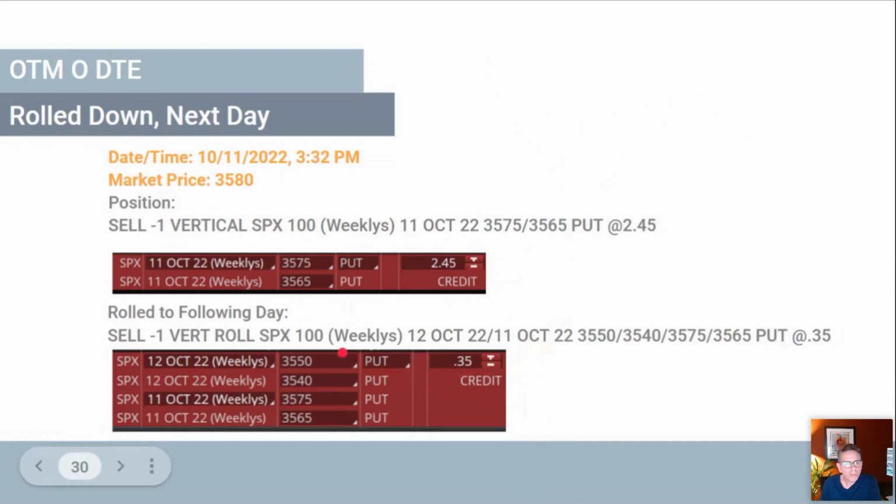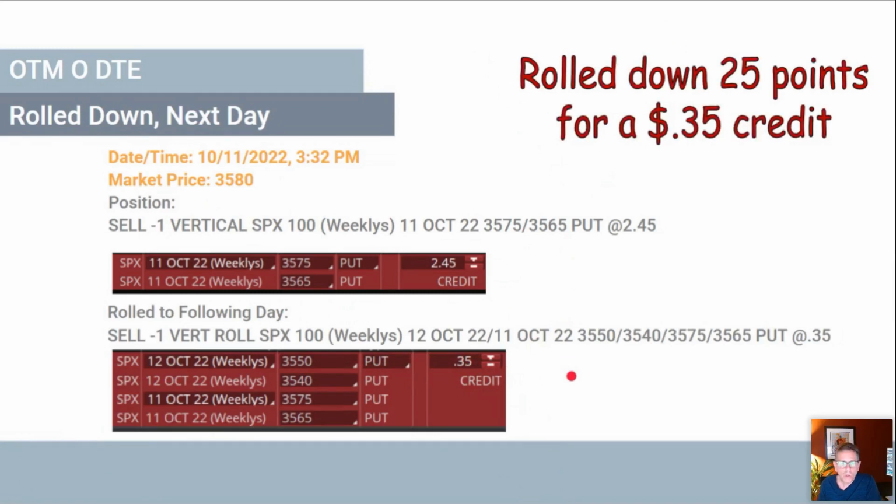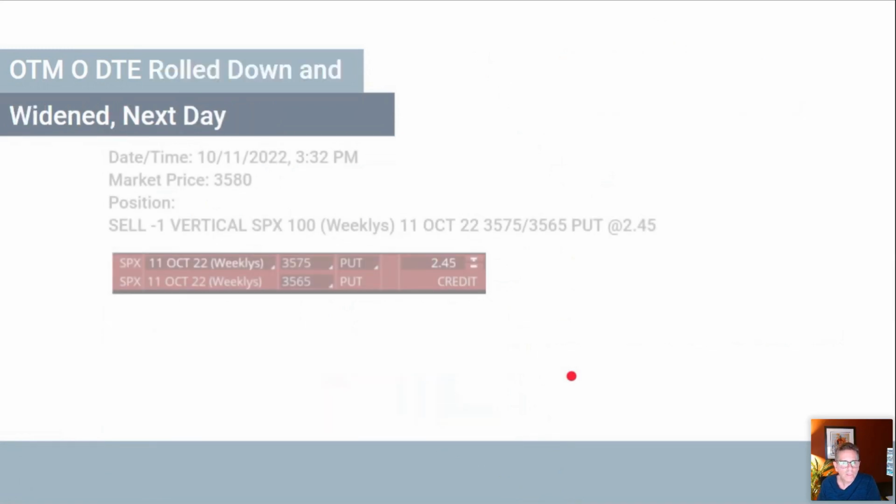But we were able to push the strikes down 25 points, so you're de-risking more of that trade. It's still kind of close, only 25 points away, but you're still able to lower the position and still get a credit on it. So roll down 25 points and a 35% credit.